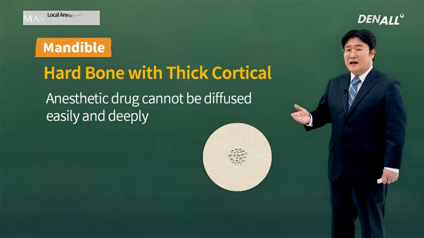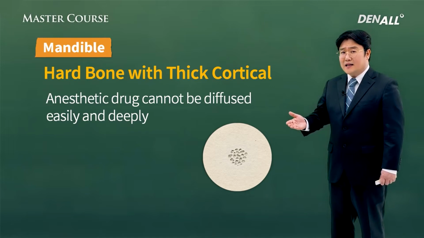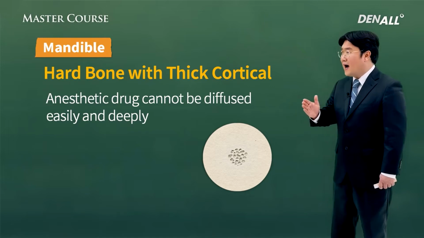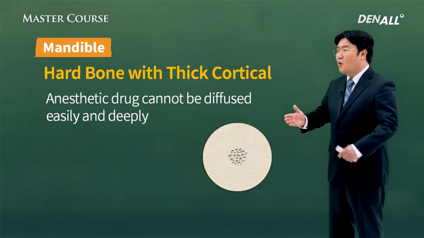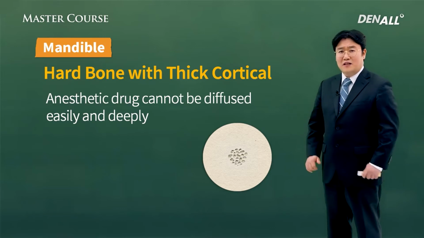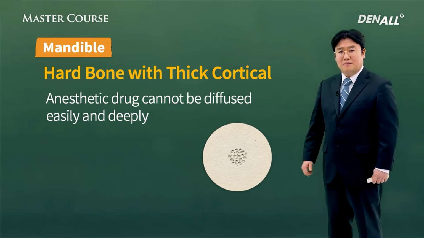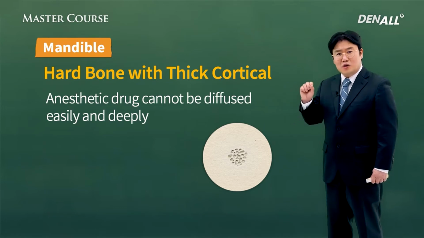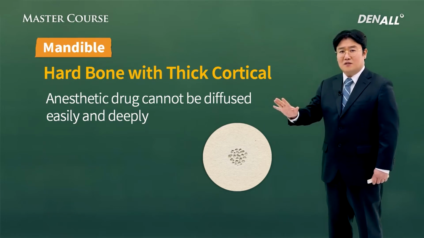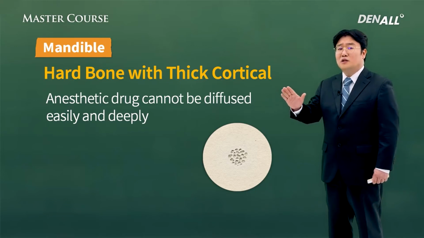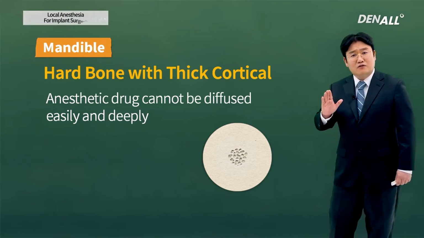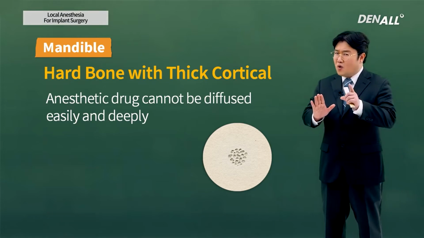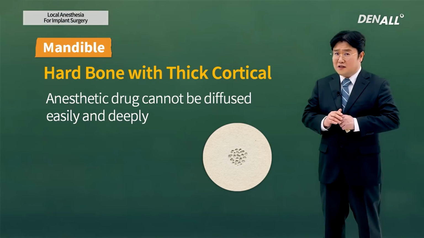Because of that, the anesthetic drug cannot be diffused easily or deeply compared to the maxilla. Because it's hard bone, the drug cannot be infused deeply. The infiltration anesthesia in the mandible can be a little bit more challenging than in the maxilla, as you can guess.